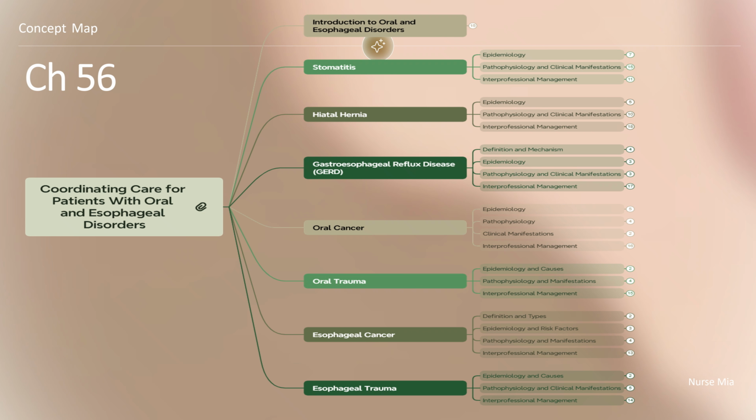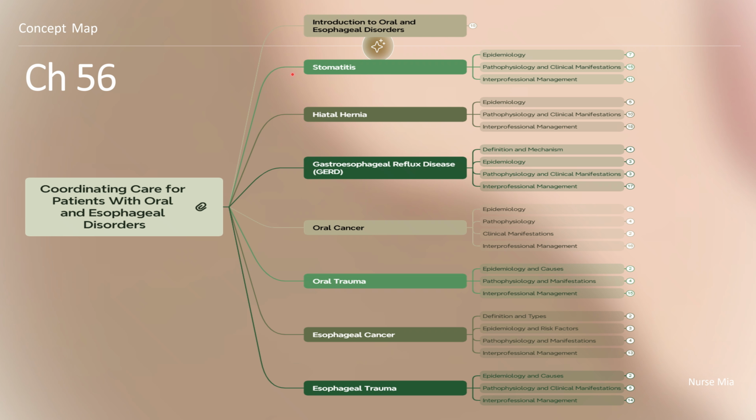This is my concept map that I always talk about. So this is chapter 56, coordinating care for patients with oral and esophageal disorders. Every chapter has a little introduction.